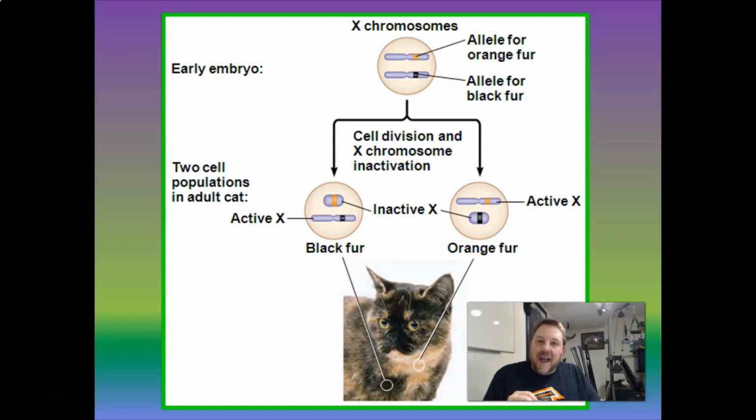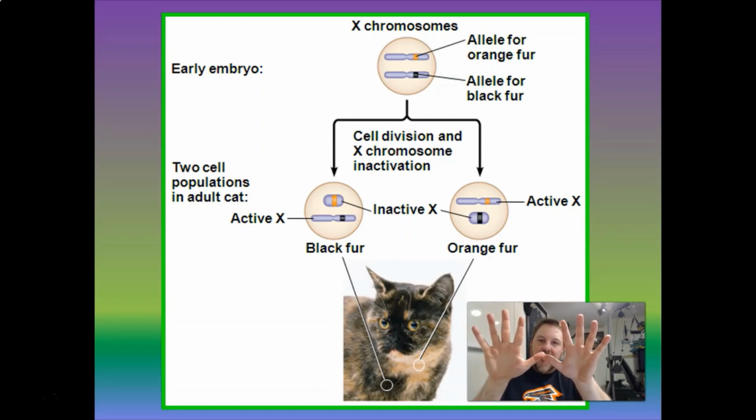So if you're a guy, what could you have? Only orange with a Y or only black with a Y, right? So a guy cat theoretically can only be black or orange. You're not going to have that black and orange. But if you're a girl, you're orange and black. But wouldn't that be orange and black at the same time in every cell? Nope, because remember what girls do in mammals?